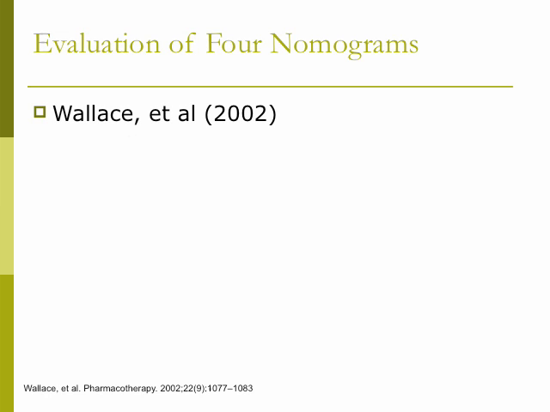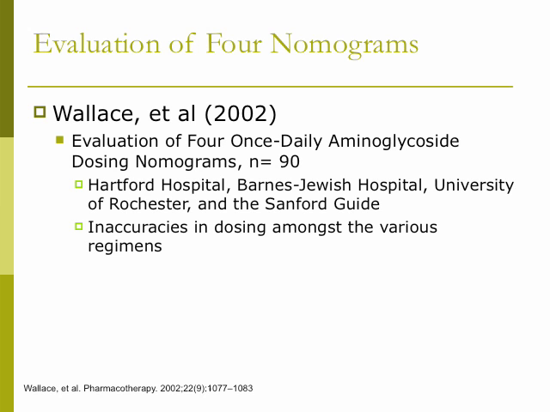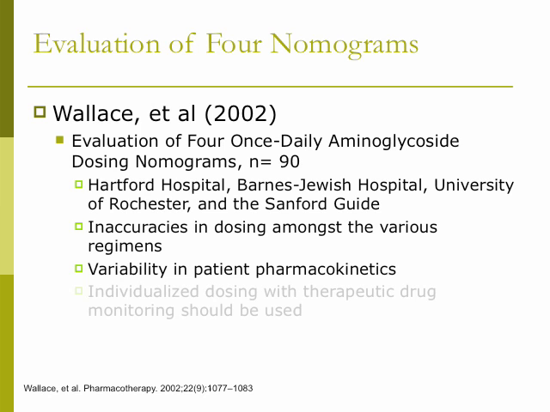What they found when they looked at the 4 nomograms, their N was about 90 patients, was that there were many inaccuracies in dosing amongst the various regimens. There's variability in patient pharmacokinetics across the board with these regimens, so they really couldn't make any consistent conclusions about which one was more effective.